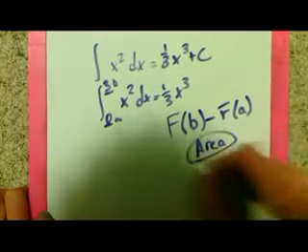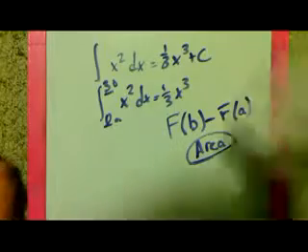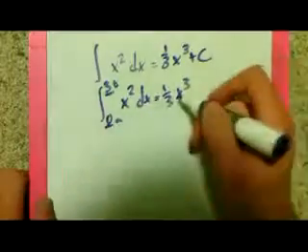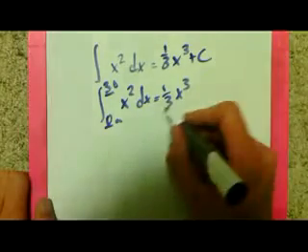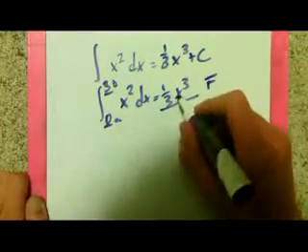So instead of having to use that limit process for every single one, you can just use this, which is a lifesaver. Let's just do it for this one. We have our antiderivative, or big F. So we just plug in b and then a in for x.